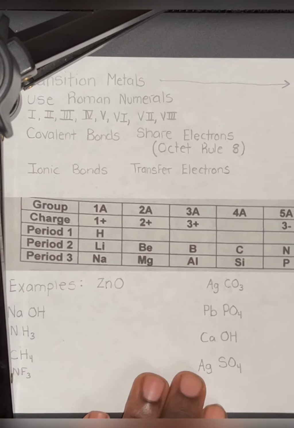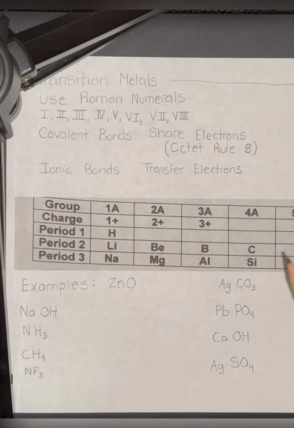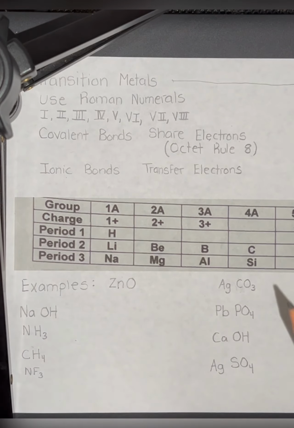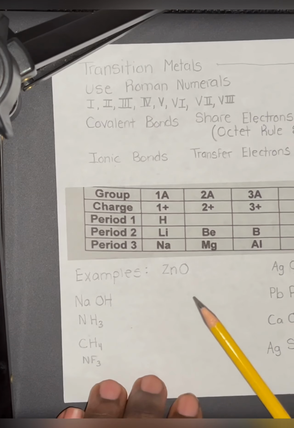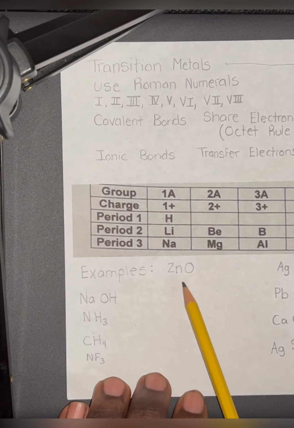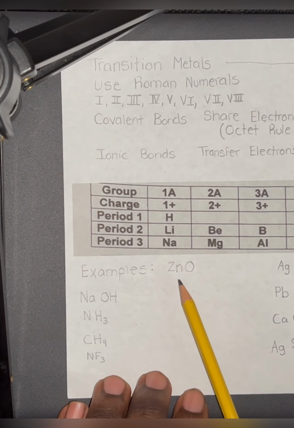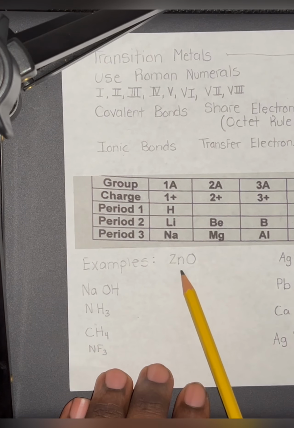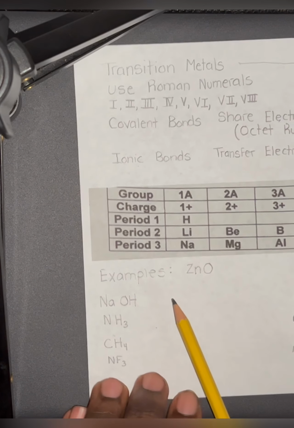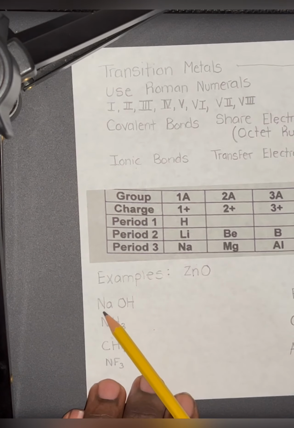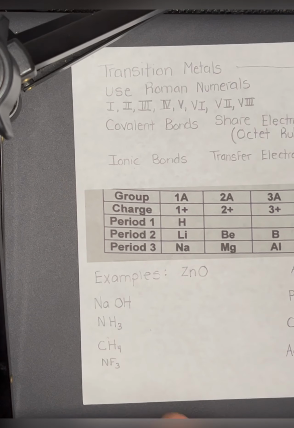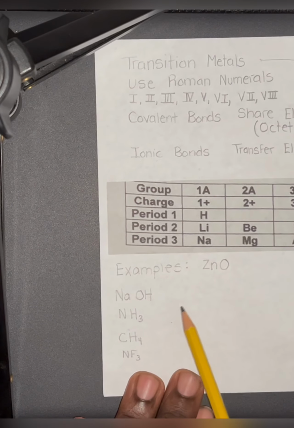Let's go over how to write chemical formulas real quick. I'm gonna skip this one first because zinc is a transition metal. Let's start off with just a regular metal and non-metal. You have to look at the charges.